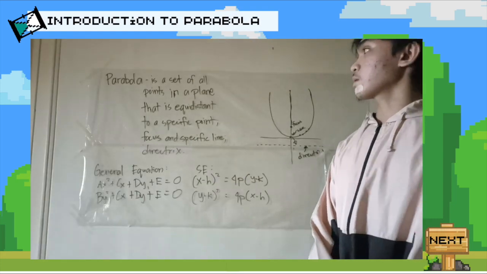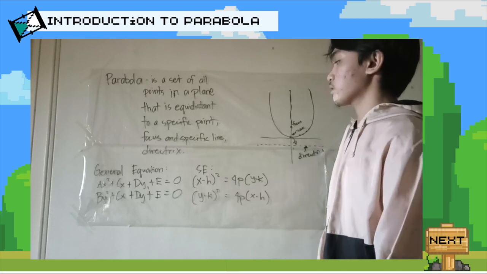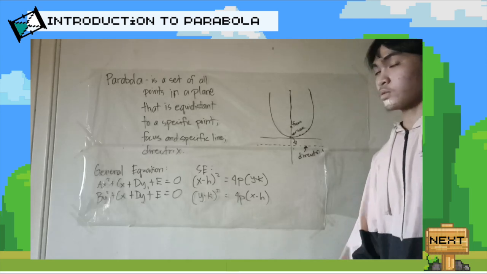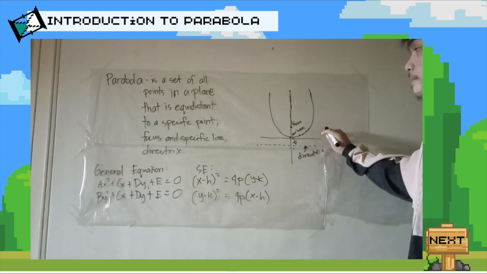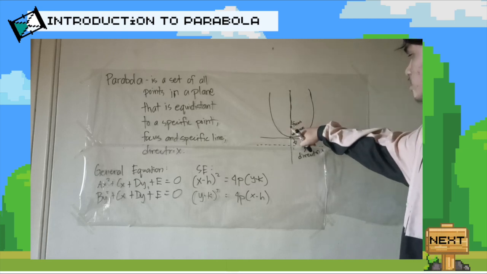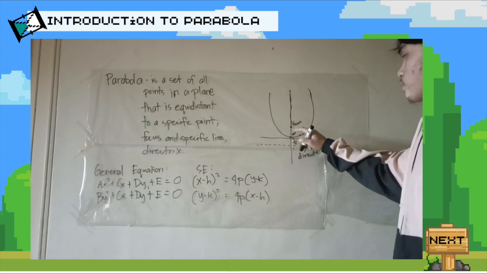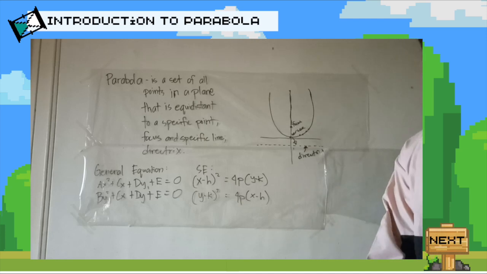Parabola is a set of all points in a plane that is equidistant to a specific point called focus and a specific line called directrix. So to put it simply, suppose that this is our parabola, and right here this point is our focus, and this point below the focus is the vertex, and this line is the directrix, right?